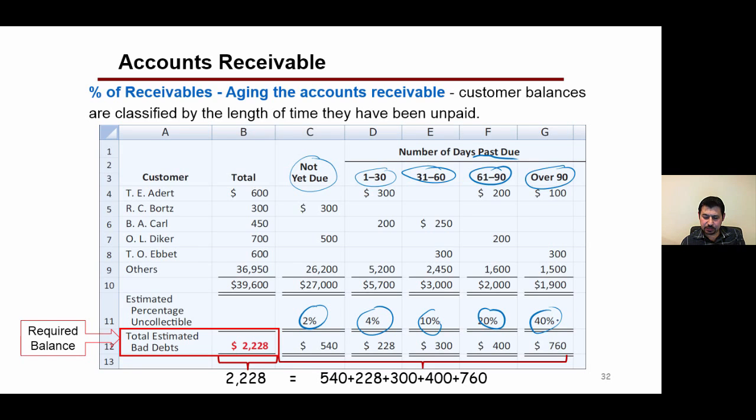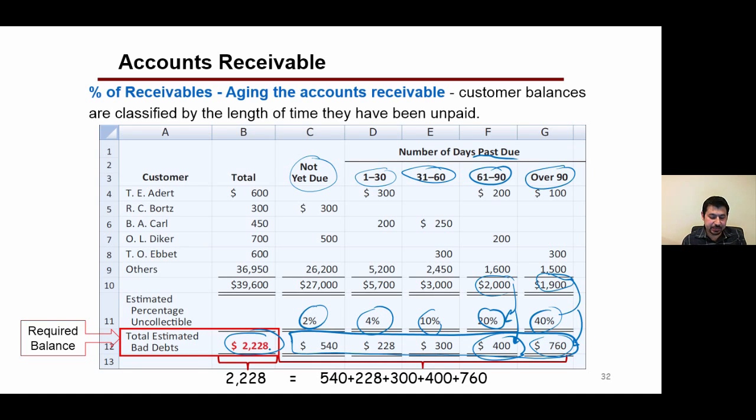Here, what the company does is multiply 40% by this amount, and this will give us 760. And we multiply 2000 by 20%, and this will give us 400. Once we calculate all these amounts, we add them up, and that gives us 2228. Here we are saying that the total estimated bad debts is 2228.